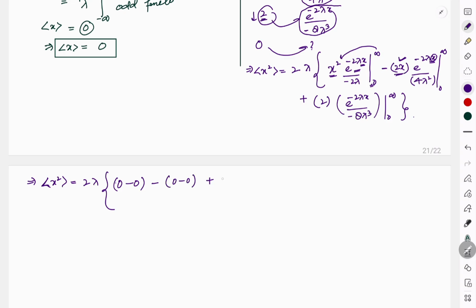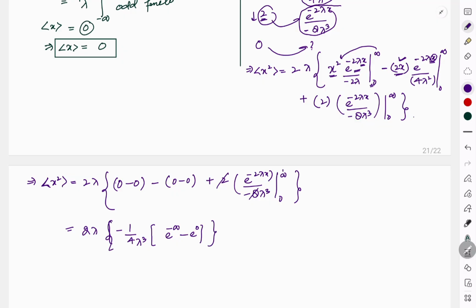Then there remains only this term plus 2 times e power minus 2 lambda of x divided by minus 8 lambda cube from 0 to infinity. Okay, so which implies 2 lambda. Now 2 2's 4, 8, so it would be minus 1 by 4 lambda cube and e power minus infinity minus e to the power 0. Okay, because we put infinity here and 0 in place of x.